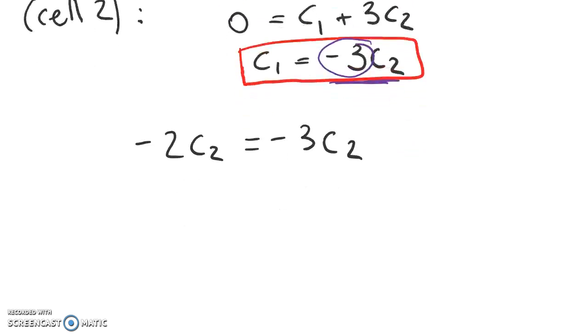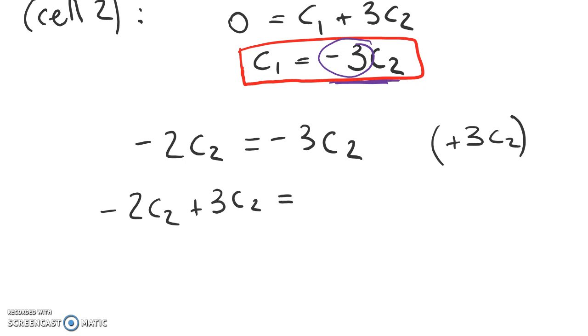Okay, so to be able to work out what this is, let's add 3C2 to both sides. When we do that, we've got minus 2C2 plus 3C2 equals minus 3C2 plus 3C2. Minus 2C2 plus 3C2, we get 1C2, or just C2. And then this minus 3C2 plus 3C2, we get 0.